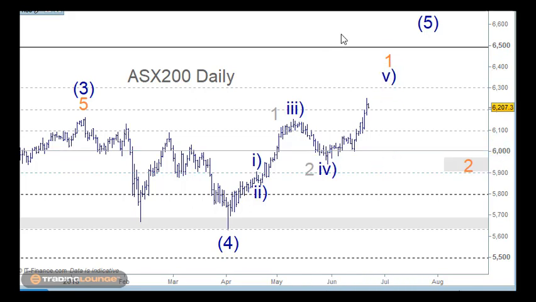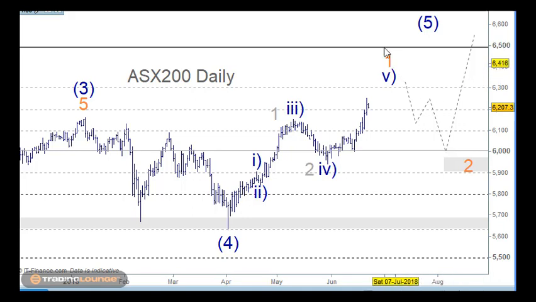In this case, we need to count a 5-wave structure from this wave 4 to this wave 5, and once that's finished, we would see an ABC correction coming back down for wave 2 and then moving higher into wave 3, which would obviously take us much higher than the 6,500.